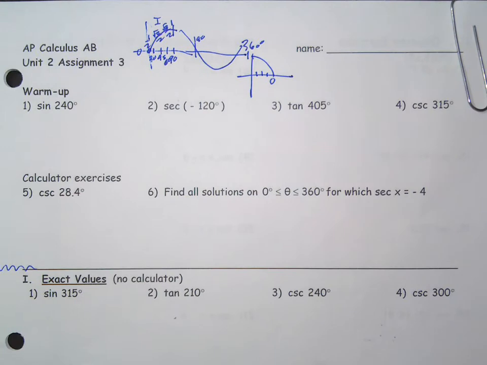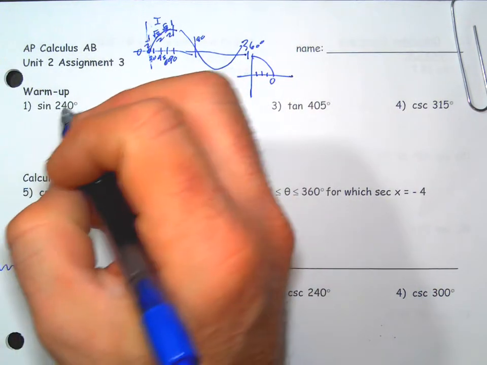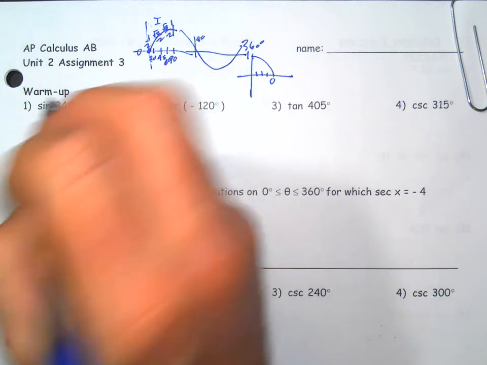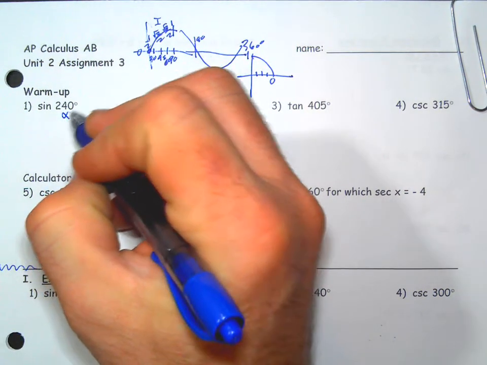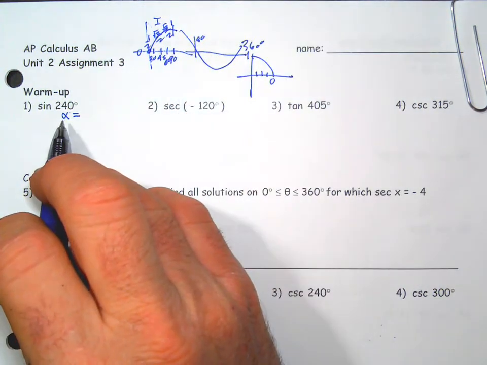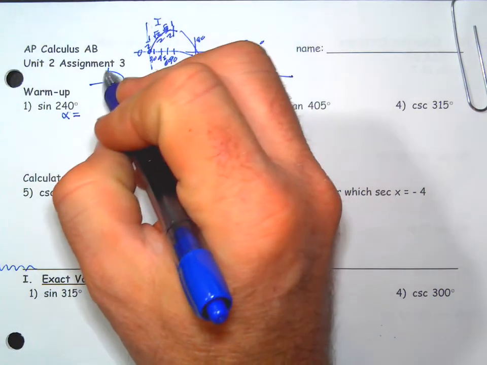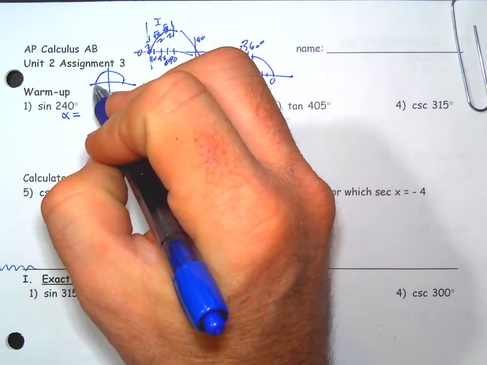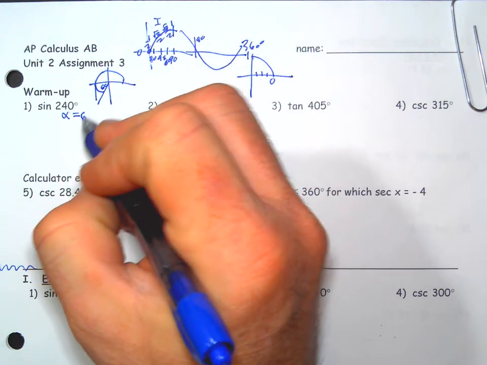So when I see this, the first thing I do, this is what I write down. You guys got to get really, really organized with these. It's really easy to make mistakes. What is the reference angle? You got a picture in your head of that circle, 90, 180, 240 is 60 past that. That's the reference angle, 60 degrees.